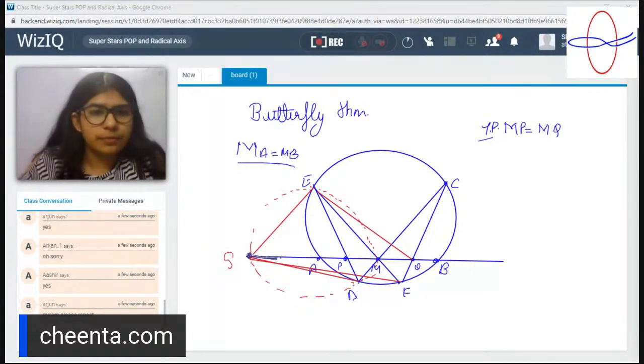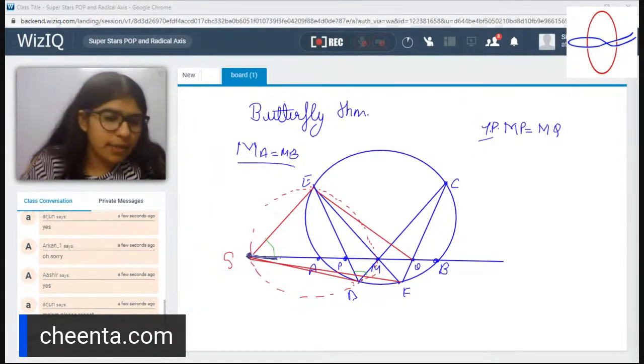Okay, so let me take this bright color. You have this angle SEQ. This one is equal to SDM, right? Because SEMD is a cyclic quadrilateral. And you know that EDM is equal to EDC, and EDC is equal to EFC, right?